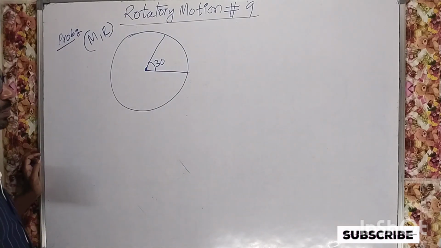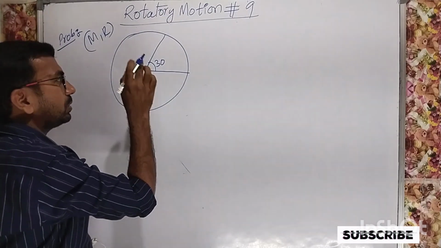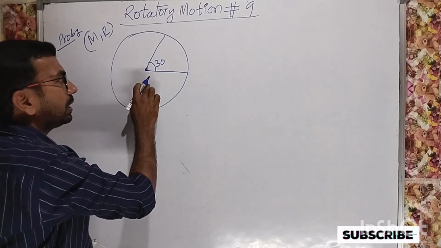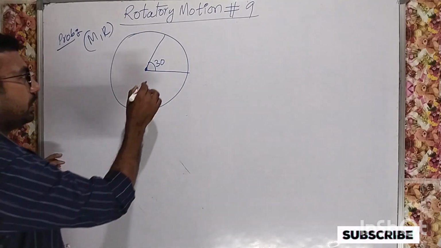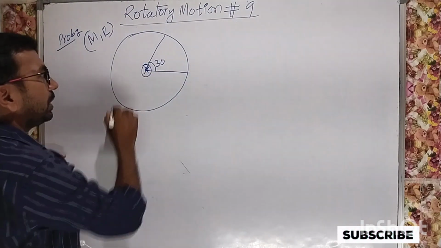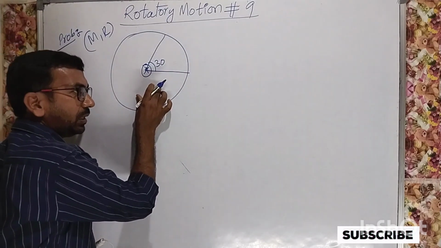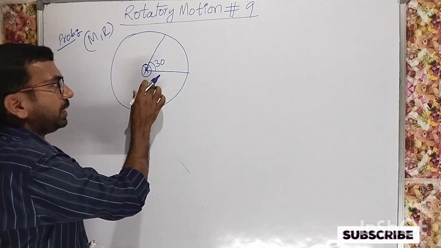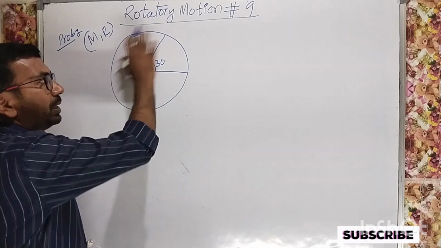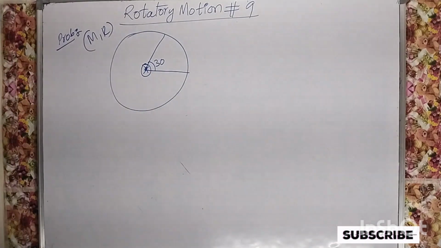Find the moment of inertia of the incomplete ring that passes through the center and perpendicular to the plane, meaning like that, perpendicular to the plane, right?